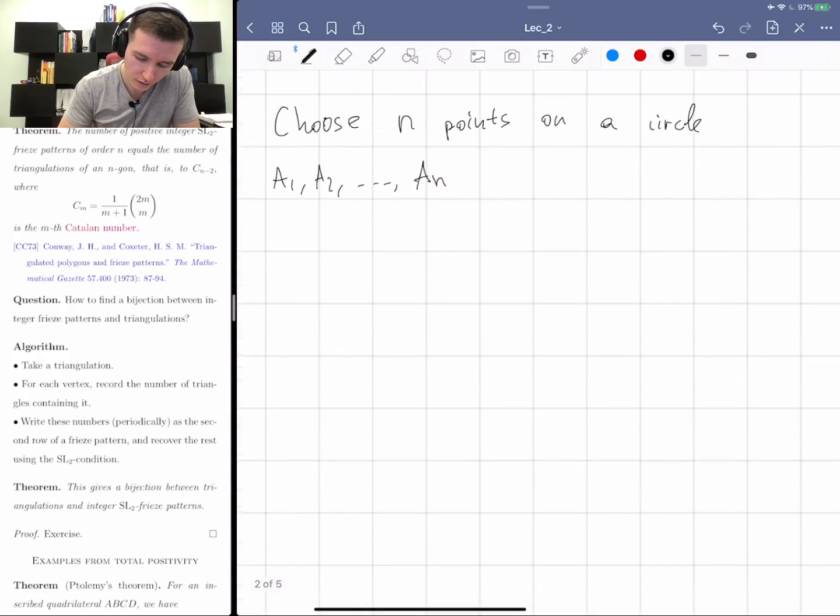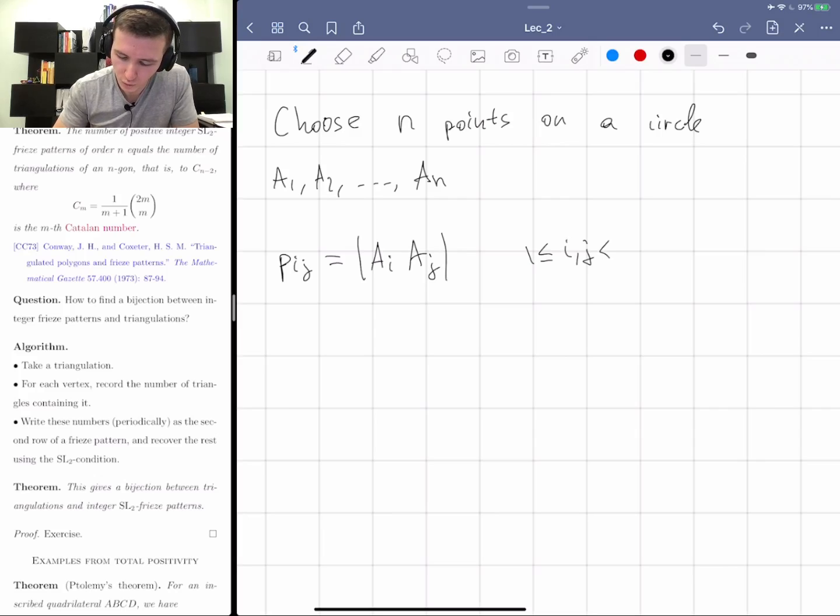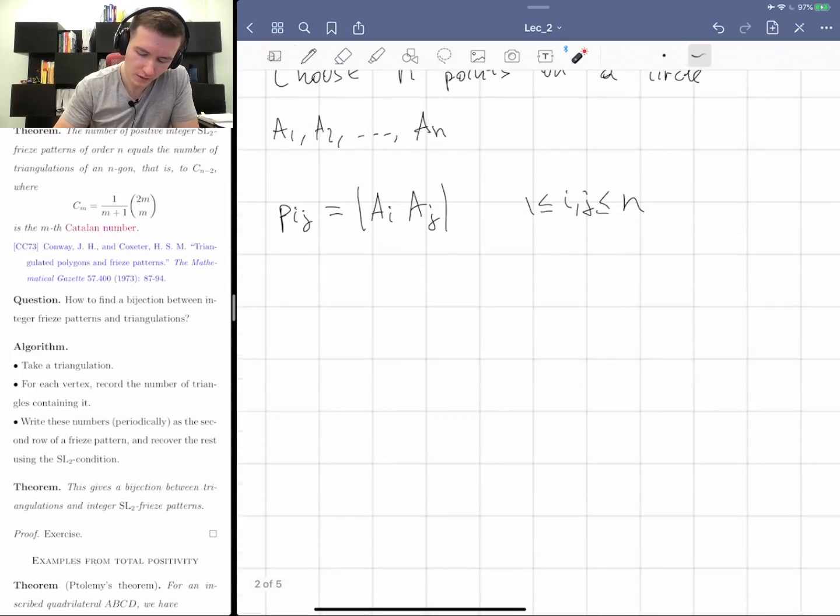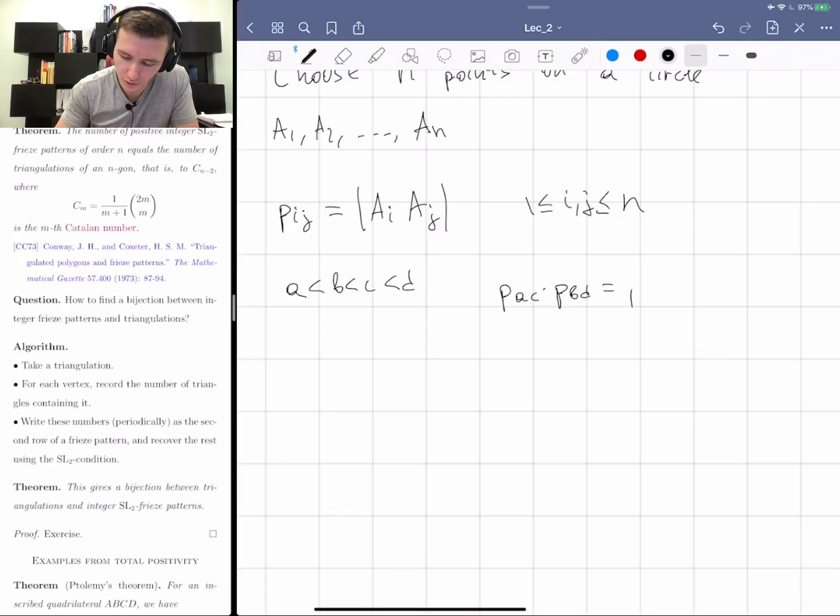Let Pij be the distance between Ai and Aj, for i and j between 1 and n. This is symmetric if I swap i and j. The condition on these Pij's is that for all a less than b less than c less than d, Ptolemy's theorem tells me that PAC times PBD is equal to PAB times PCD plus PAD times PBC.